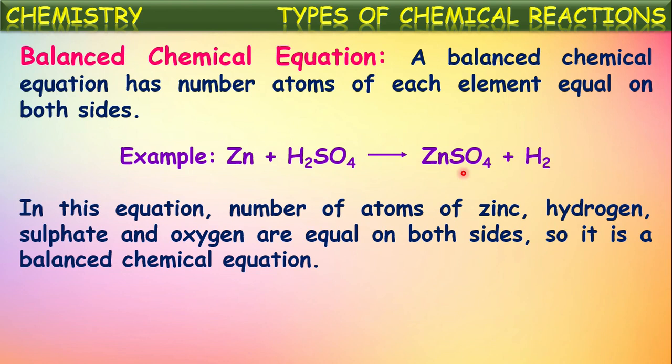For example, here one zinc atom reacts with one sulfuric acid molecule to form one zinc sulfate molecule and one hydrogen molecule. We can say this quantitative relation correctly only based upon the balanced or stoichiometric equation. To understand that, we always have to take balanced chemical equations.